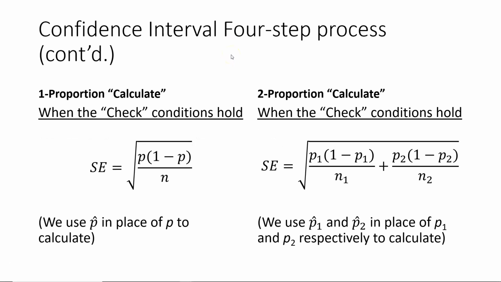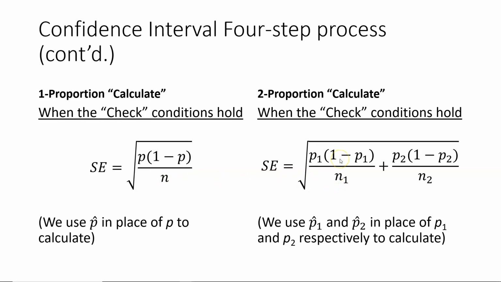Next, let's compare the one proportion and two proportion calculate steps for constructing a confidence interval. When the check conditions hold, we calculate our standard error in very similar ways. So on the left, we see the formula for a one proportion case, and on the right, we see it looks like just an extended formula of the same thing that we have for the one proportion case.